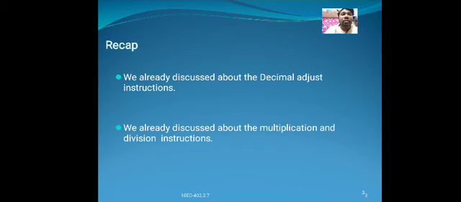Recap: we already discussed the decimal adjust instructions and also the multiplication and division instructions.